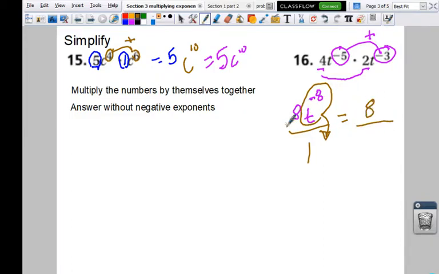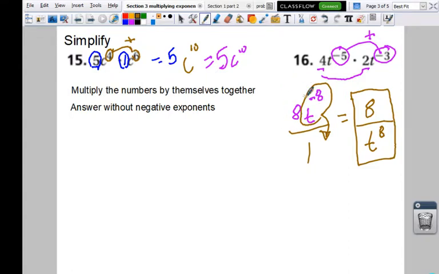It didn't change because this 8 doesn't have an exponent. Only this t does, and it's the only one with the negative exponent. So it's going to flip to the bottom. The negative's going to go away. And I have this 1 on the bottom. It's a 1 times, but that doesn't actually change anything, so I'm not going to write it down. If you want to write down the 1 times down there, that's fine. It's just more work. So my final answer is 8 over t to the 8.